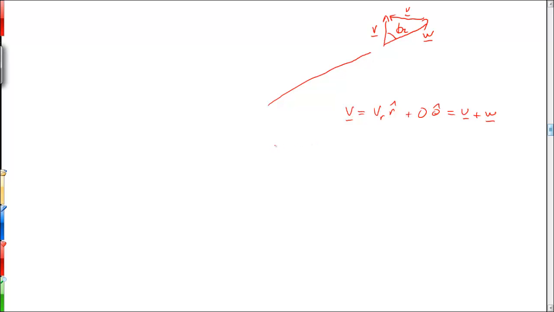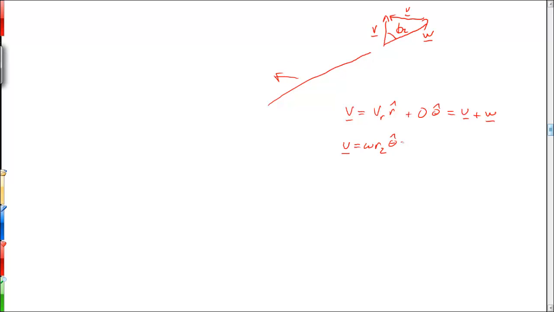So that means, wait a sec. We know about U because we know that U is equal to omega R2, the radius of the outlet of our rotor, theta hat, because the rotor is going to the left here.